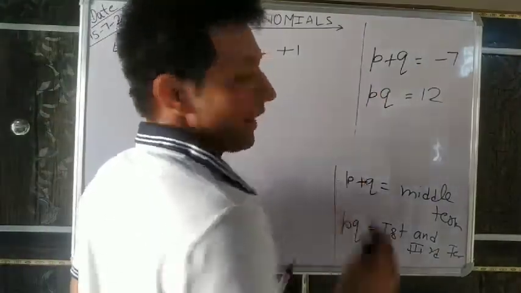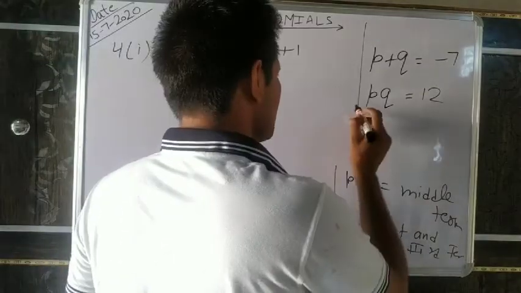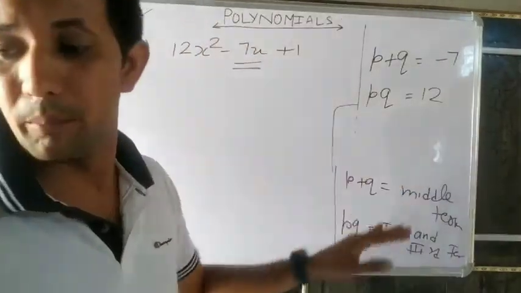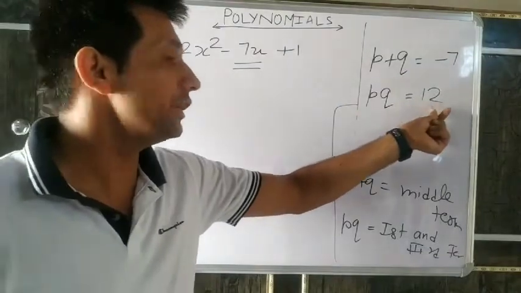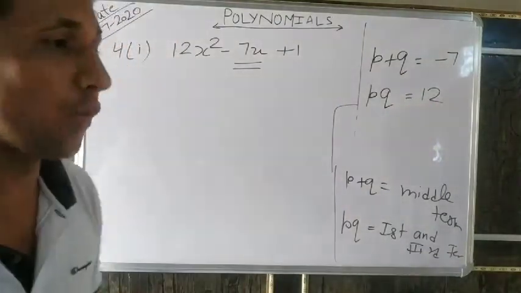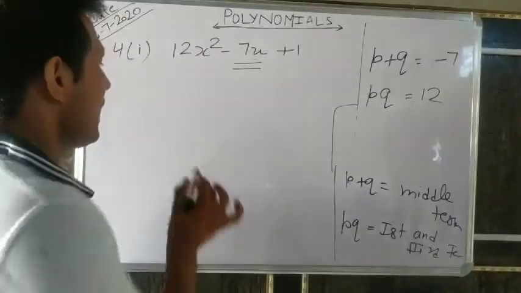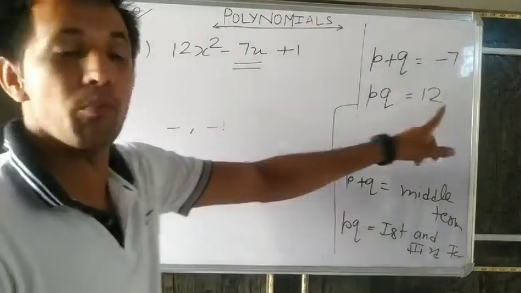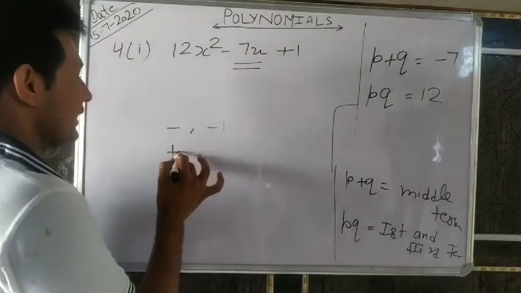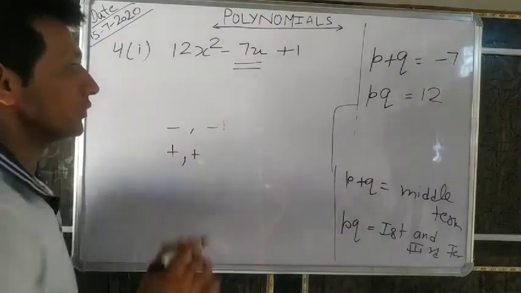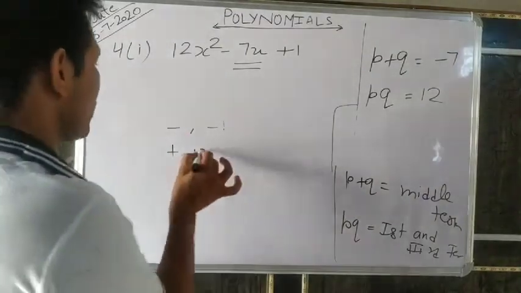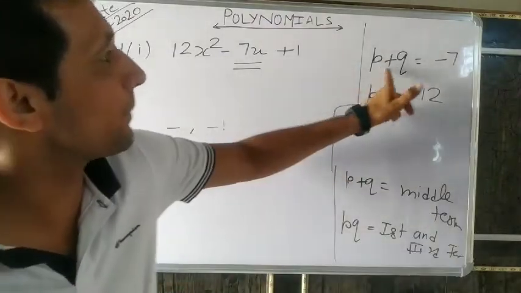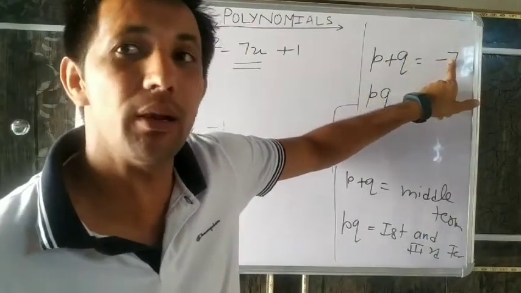So how will we find these two numbers? Look. The product of the two numbers is positive, so either both are negative, because negative into negative is positive, or both are positive. If both are positive, is it possible for the sum to be negative?